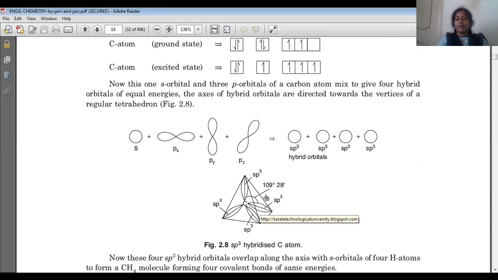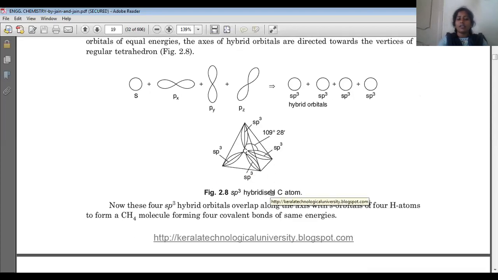These sp3 hybridized orbitals are separated by a bond angle of 109 degrees 28 minutes, which is the standard bond angle of sp3 hybridization. All 4 orbitals are equally spaced, and the angle between any 2 adjacent orbitals is 109 degrees 28 minutes. This is sp3 hybridization in the carbon atom.